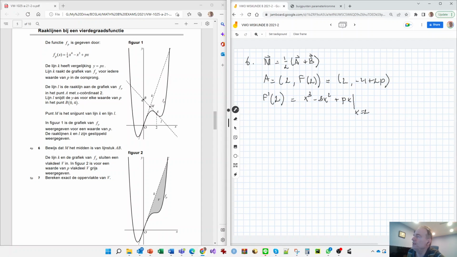So it's 8 minus 3 times 2 to the power 2 is minus 4 plus 2p. And this point has to be on the line, so let me say first, we assume it is of this form, but we know the slope here, minus 4 plus 2p.